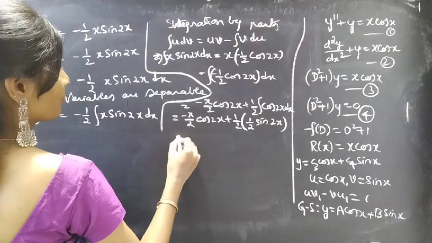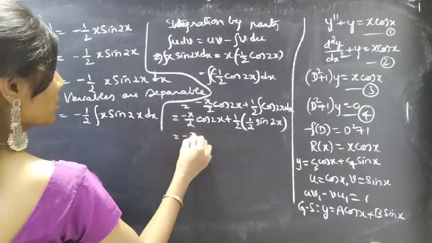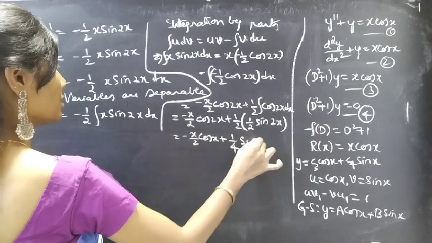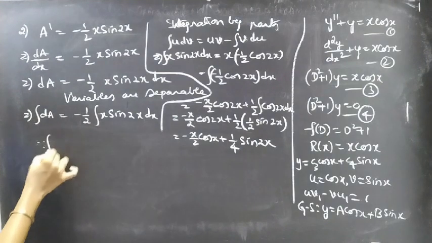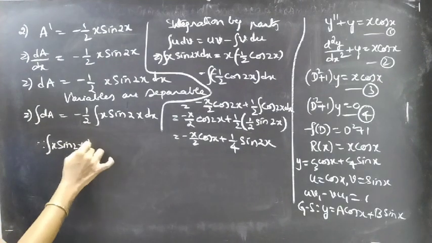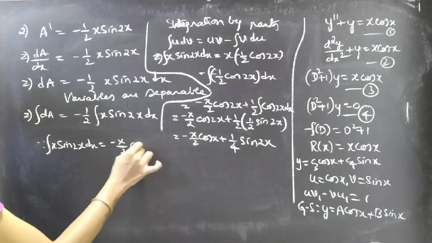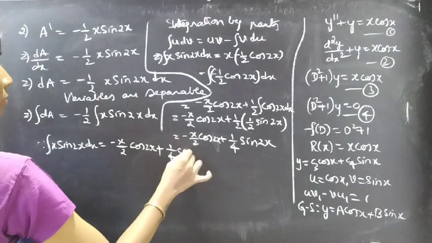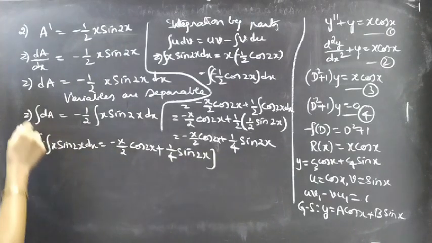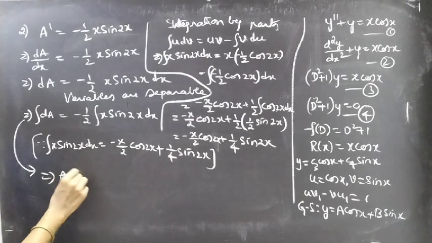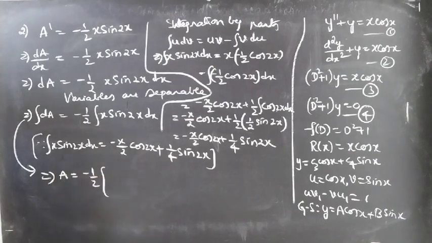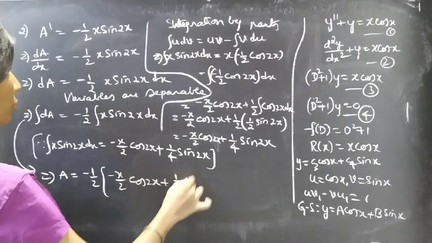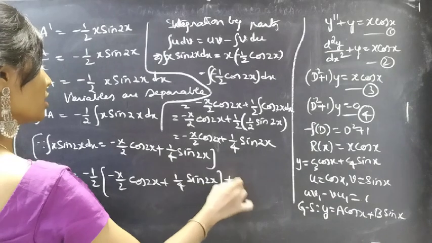From this we'll get integral x sin 2x dx equals minus x by 2 cos 2x plus 1 by 2 into 1 by 2, which is 1 by 4 sin 2x. Since integral x sin 2x dx equals minus x by 2 cos 2x plus 1 by 4 sin 2x, the integral becomes integral dA equals minus 1 by 2 of integral x sin 2x dx, which is minus x by 2 cos 2x plus 1 by 4 sin 2x, plus the integration constant c1.